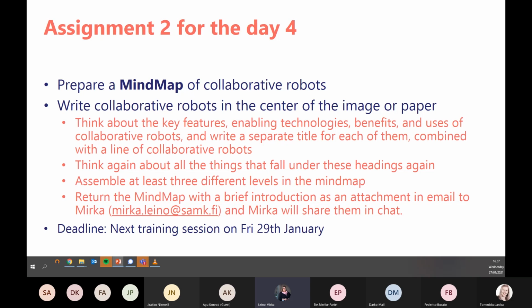And please return the mind map as an attachment to me in email, and I will share them in chat because it was so complicated. I didn't notice that it was so complicated when you are coming from outside of our organization. It is so complicated to attach a file to the chat.